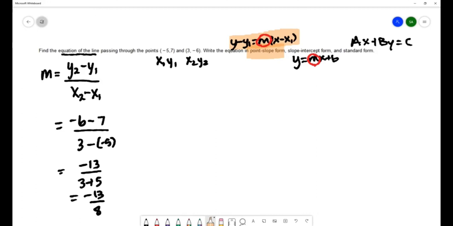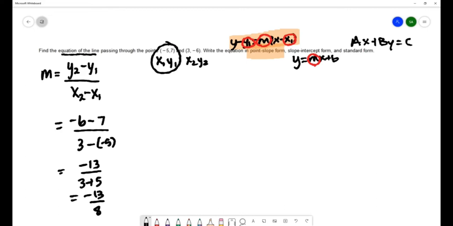In point-slope form, you need to have the slope, which we just figured out, and a point on the line. That's why it has that name, point-slope form. So I'm going to choose one of these points. It doesn't matter which one, so let's just use the first one.